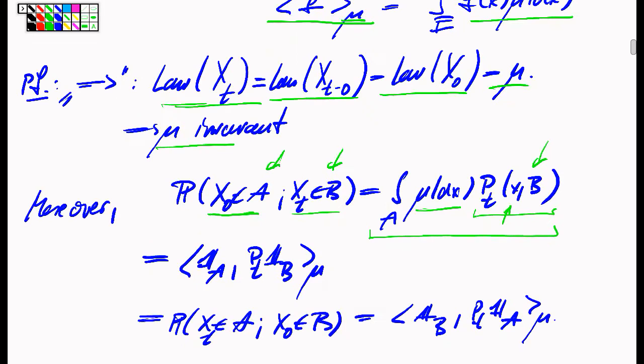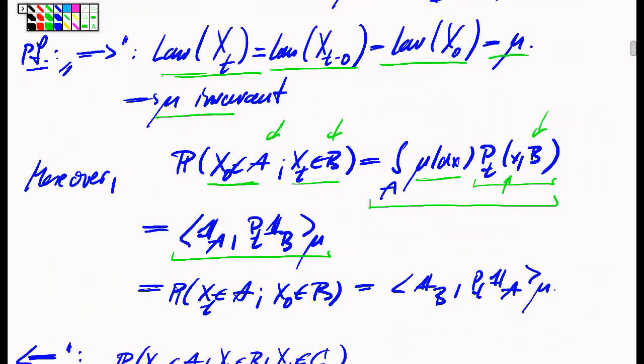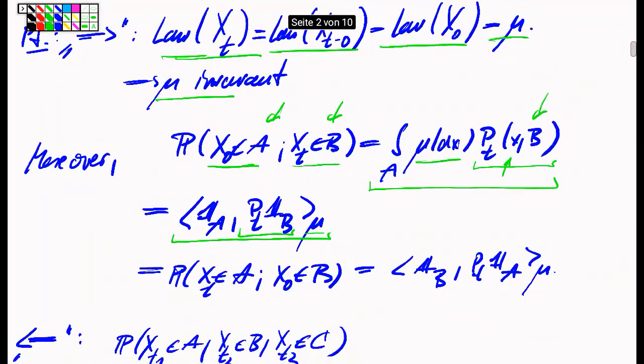And of course, this can also be written by our notation as this bracket expression. It's the indicator function of A integrated against the action of the P_t operator acting on the indicator function of the set B, and the whole thing integrated against the measure mu.